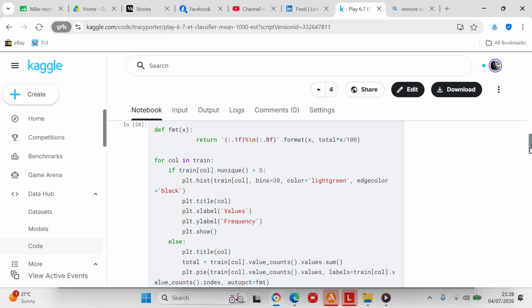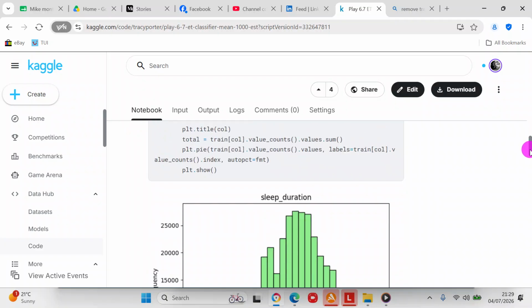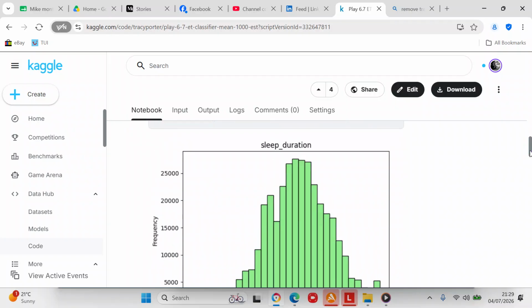And so we're going to have a function here called def fmt brackets x, and it's going to return a percentage value of x and the total times x divided by 100. So now we have a plot of every column of the trained data set, and if it has a number of unique values greater than 5, it's a histogram. Otherwise, it's going to be a pie chart.